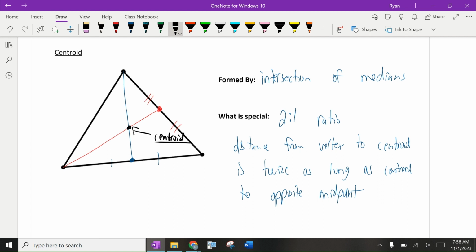And it should look mostly accurate. My drawings aren't always drawn to scale very well, but for this one, I can see that one side is bigger than the other. In fact, this part is twice as long as that part. Vertex to centroid is twice as long as centroid to midpoint. That's the 2-to-1 ratio. If I look at the blue one, there's also a 2-to-1 ratio. If I called this 2y, this would be y. 2-to-1 ratios.